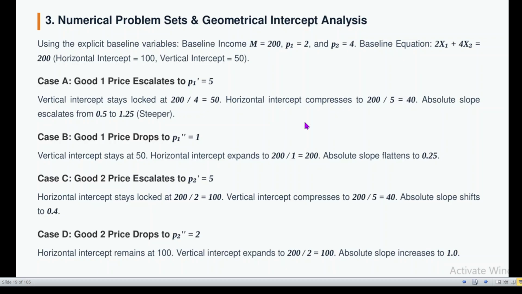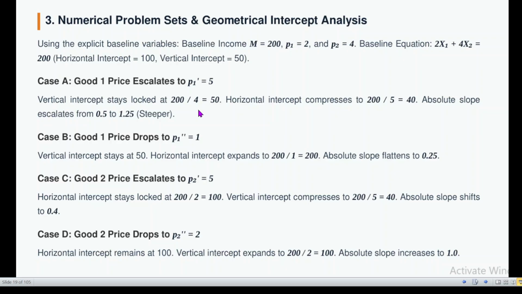For case A, the price of good 1 scales to P1 prime, which is equal to 5. The vertical intercept stays locked at 200 divided by 4, which is equal to 50.